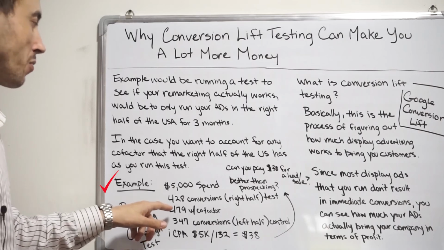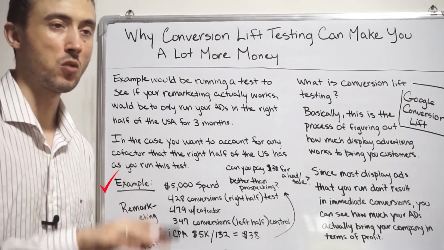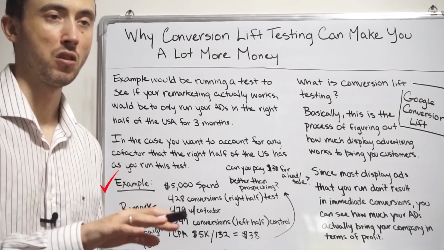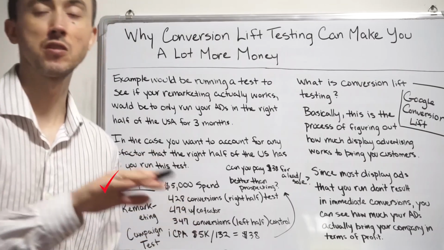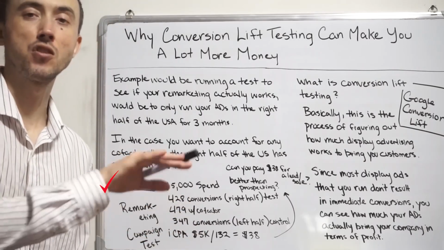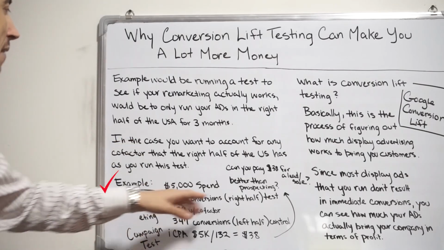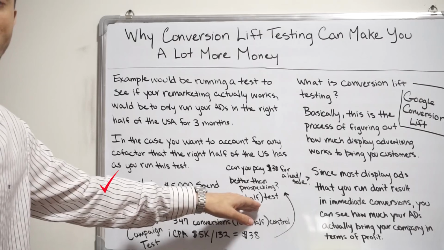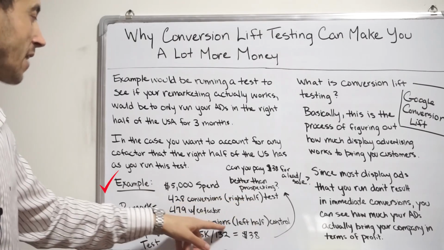Now, like I was saying before, if you were to do this yourself, you would have to take into consideration what's the conversion potential of the half of the country, and does it normally convert better than the other half, or does it convert worse than the other half? And then work that into your numbers so you have not skewed numbers. The right half of the country was naturally about 12% higher converting than the left half of the country.